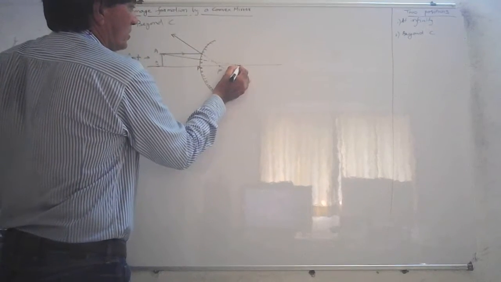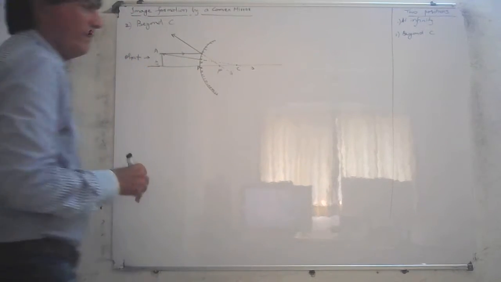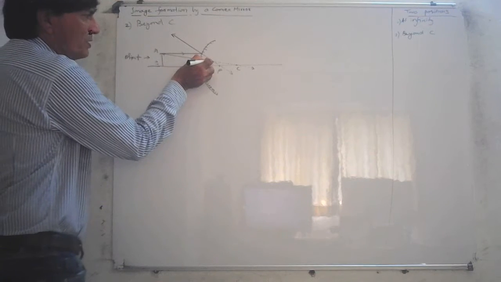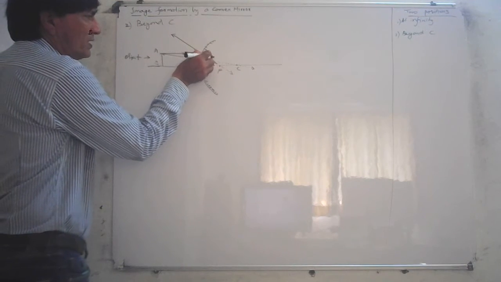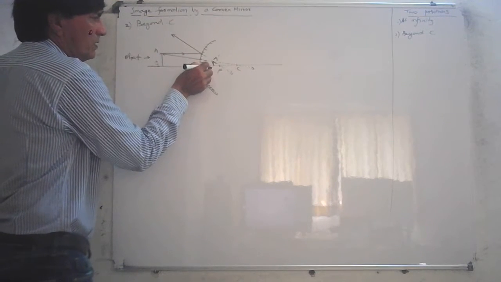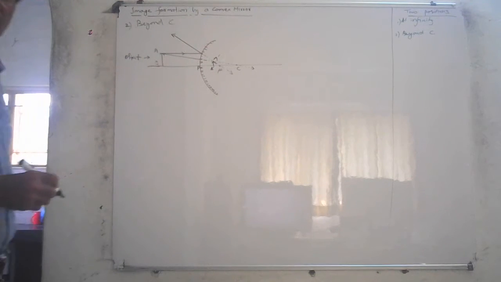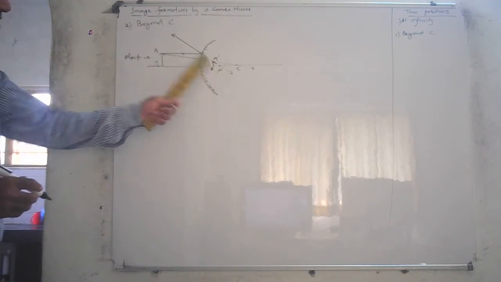It passes through the center of curvature this way, and an image is formed where the two rays of light meet. This is your A dash and this is your B dash. The image is formed here.